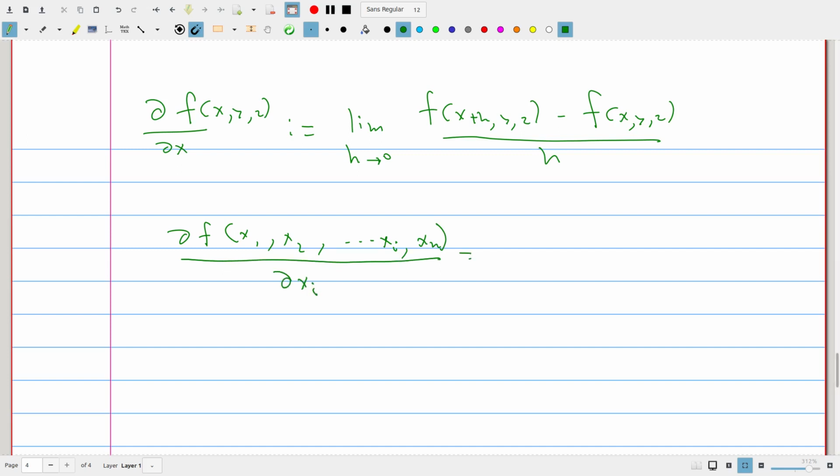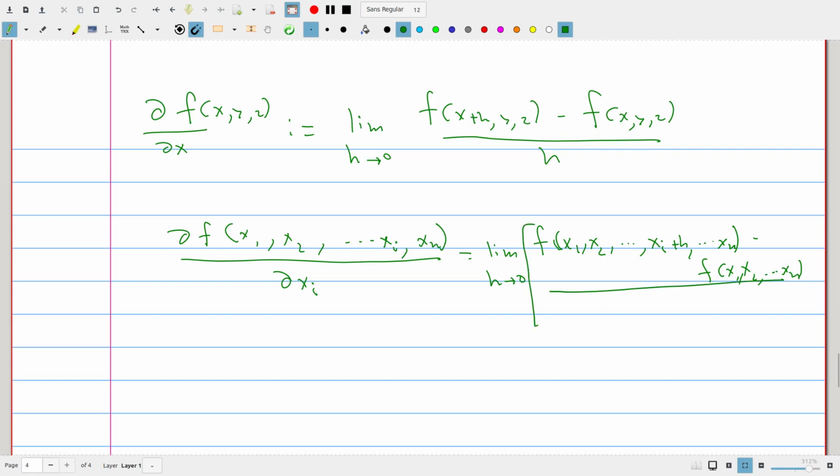Well, this is equal to the limit as h goes to 0 of f of x1, x2, xi plus h, xn, minus f of x1, x2, xn, divided by h.